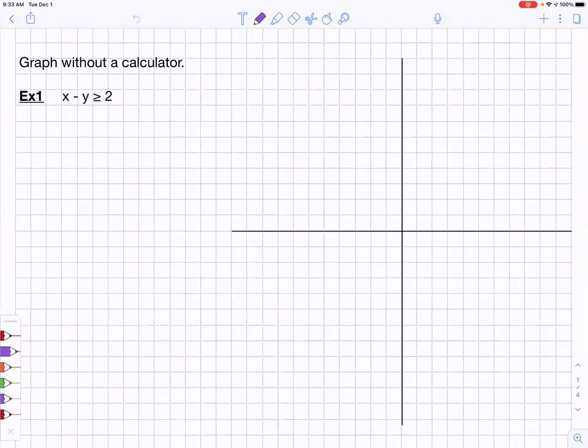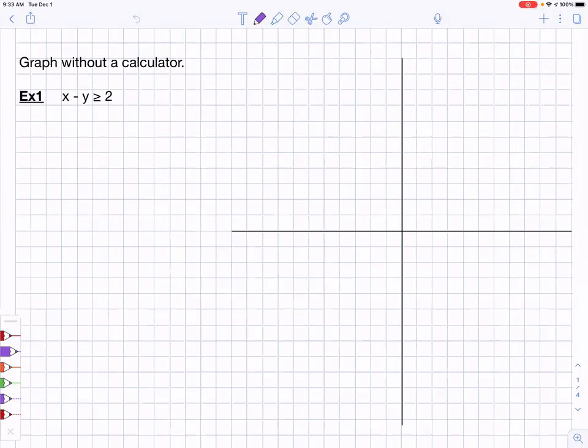It's not the equal to that tells me that, because think about the parent y equals x squared. That's having equal to, but it's not a line. What does y equals x squared look like?